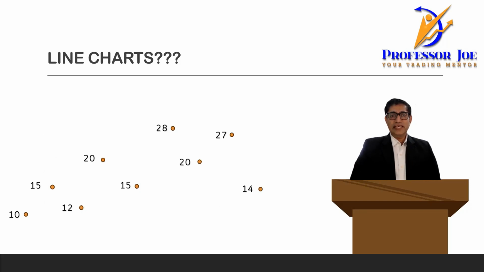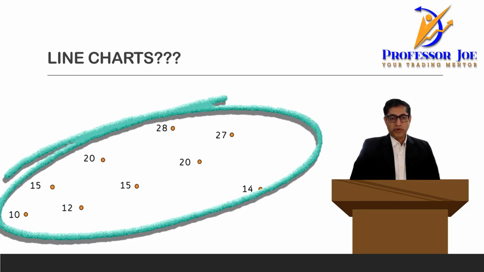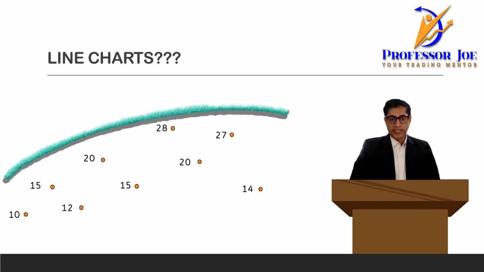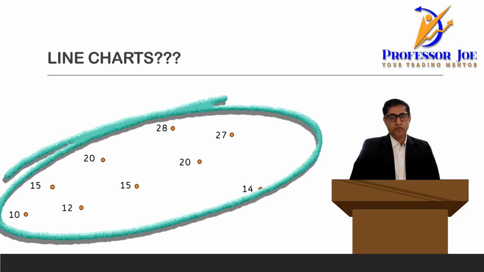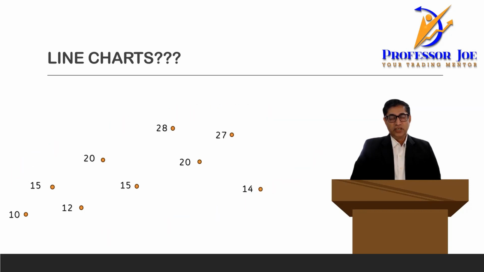As you can see on the screen, there are multiple points with a price point of 10, 12, 15, 20, 28, 27, and 14. So when you see a line chart, you will see that all these closing points are connected with a line, something like this.